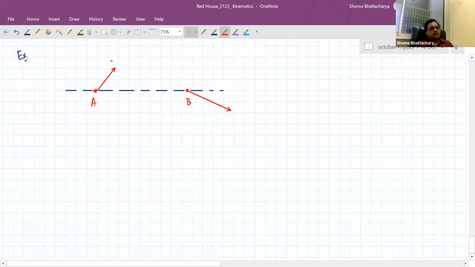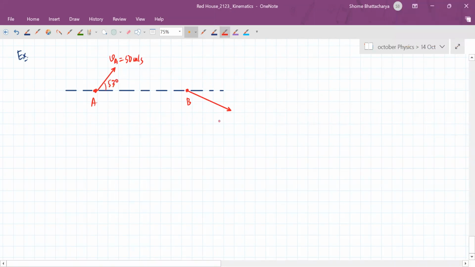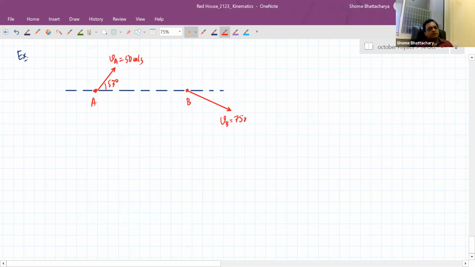A has an instantaneous velocity with a magnitude of, let's say, 50 meters per second, where this angle is, oh sorry, 53 degrees. And B at that same instant has a speed of 75 meters per second, but at this angle of 37 degrees with this line.